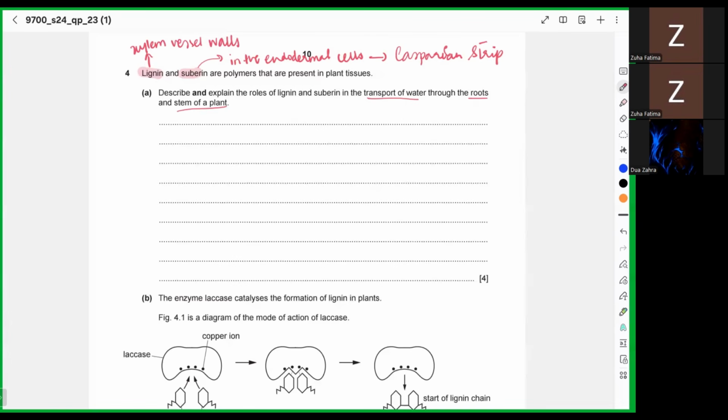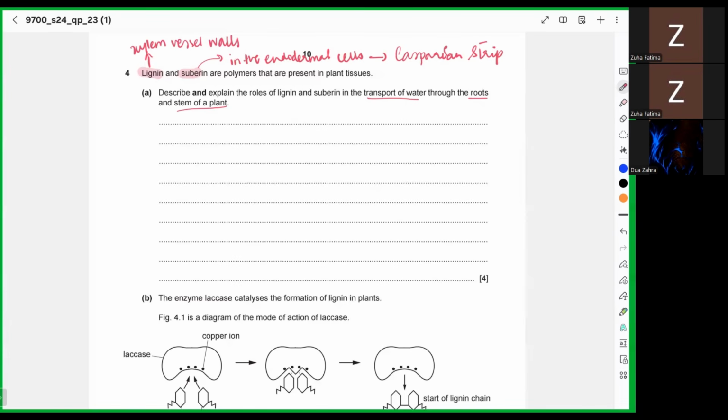Now, the purpose of suberin is that it is present in the endodermis and it blocks the apoplast pathway and forces the water to move via the symplast pathway in order to ensure that no toxic substances, no toxic solutes are entering the xylem vessel.